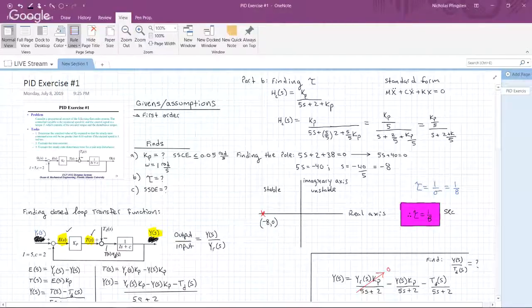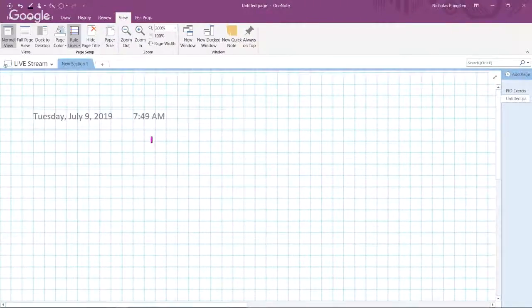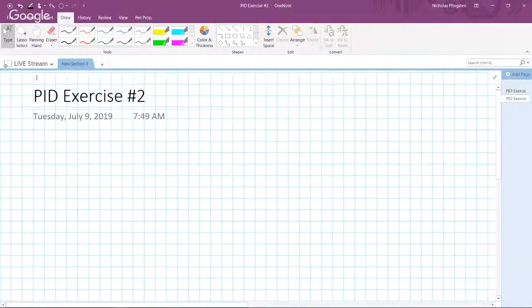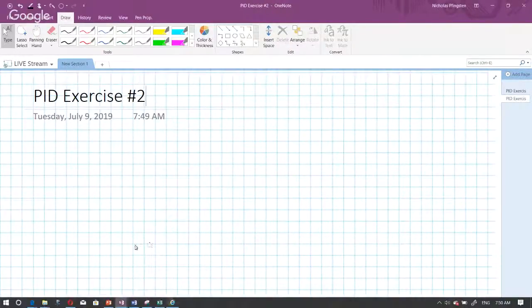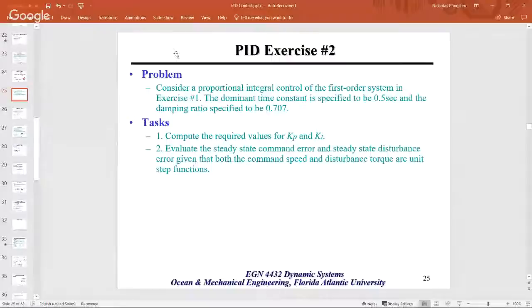So here we go. So let's open up a new page. And let's call this PID exercise 2. So let's open up the PowerPoint. This is the problem that we're going to be doing today.